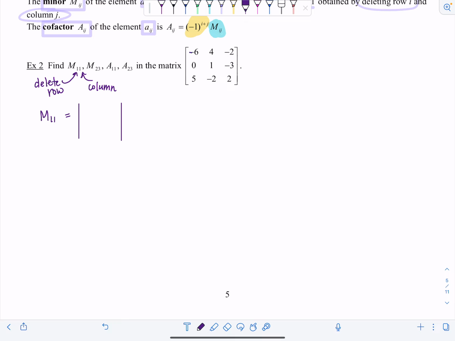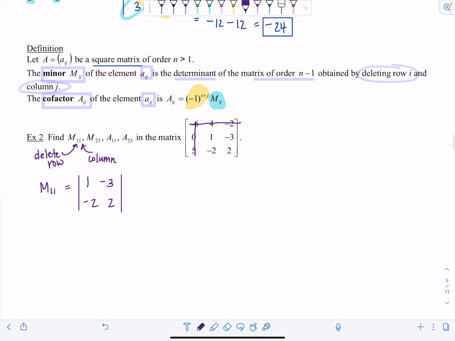So if I delete row 1 and column 1, I'm left with the following 2 by 2 matrix. 1, -3, -2, 2. Do you see how that works? That's why in the definition, it noted that the determinant of the resulting matrix is going to be order n-1. So if you start with a 3 by 3 and then you're finding the minor of some element, then you would take the determinant of a 2 by 2. It always will go down.